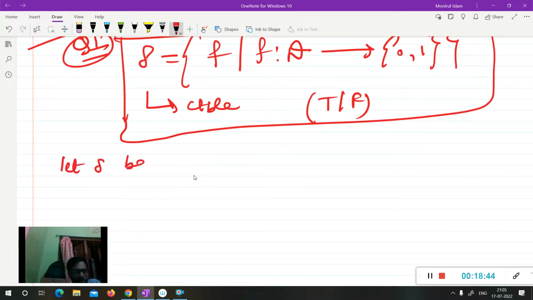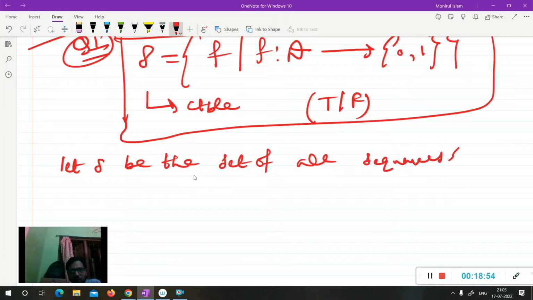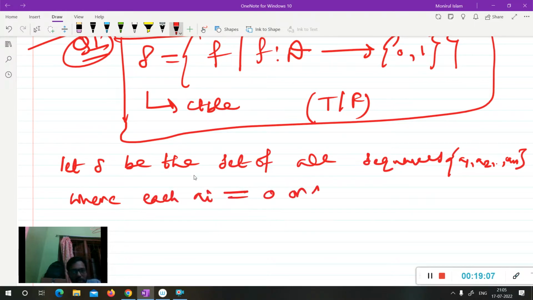Let S be the set of all sequences a1, a2, ..., an, ..., where each ai is either 0 or 1.